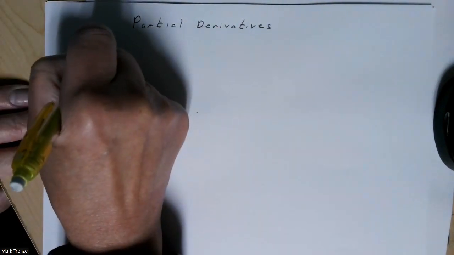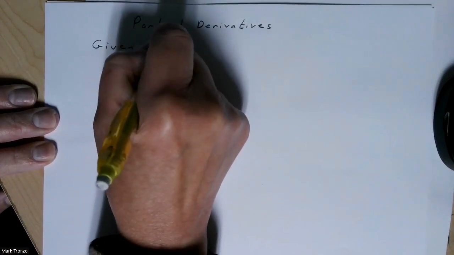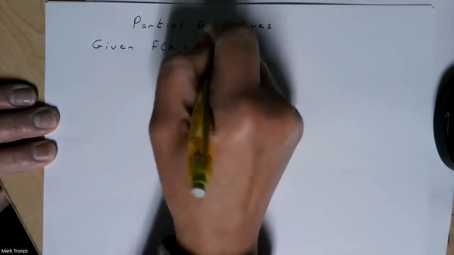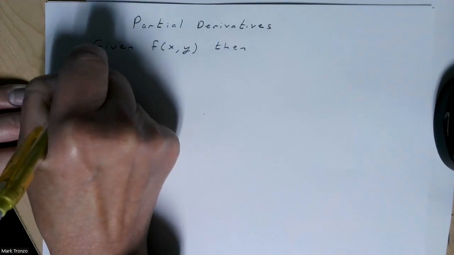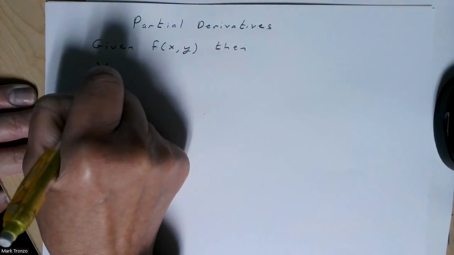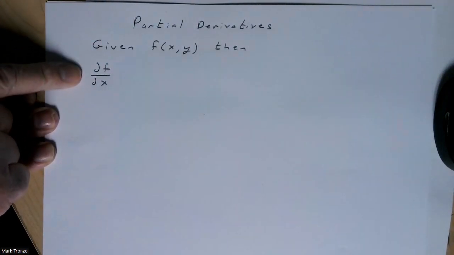So let's say you're given a function. Let's say it's a function of two variables, x and y. Then if we have df dx, this symbol looks similar to delta, but it isn't exactly a delta.